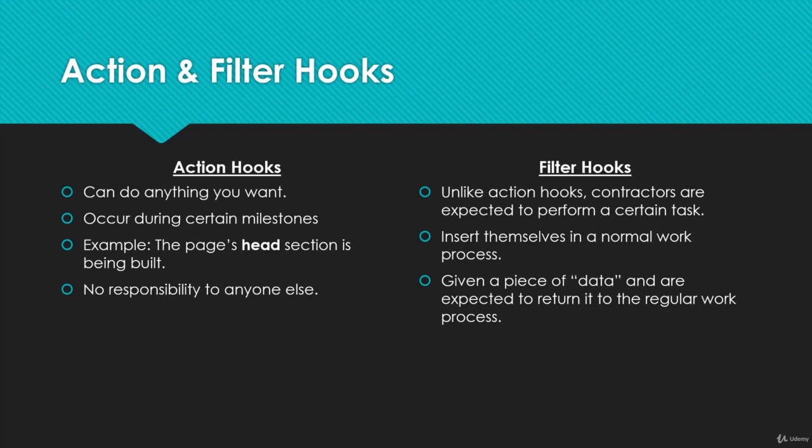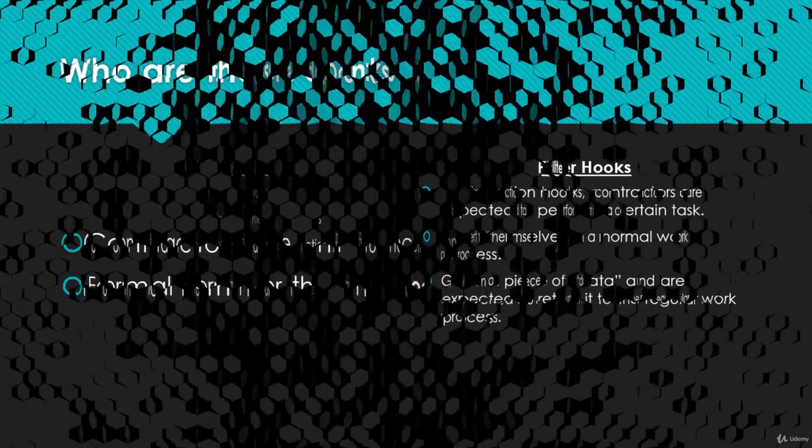A contractor using a filter hook generally doesn't just do whatever he wants. He works with the piece of code that he's given in his section of the factory. This section works on the post title, the sections manager might say. Do whatever you want to the post title, but if you don't hand me back the post title after you've made your changes, then this whole process won't work properly. I hope I'm making sense so far.